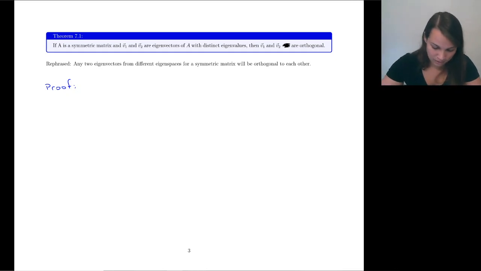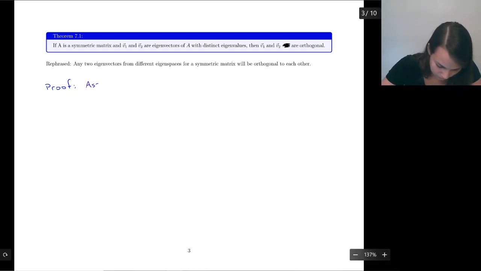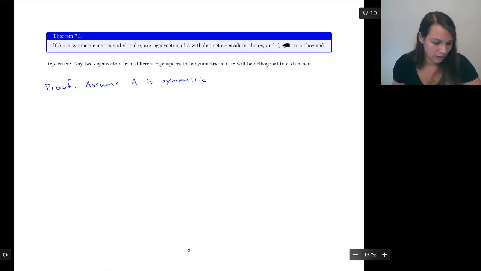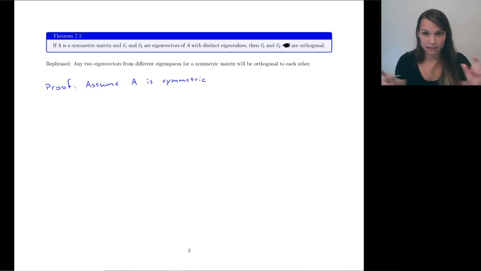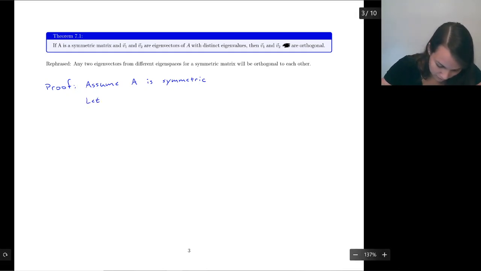So we have A is symmetric. And we want to show that any two eigenvectors are going to be orthogonal. So we need to come up with some eigenvectors.